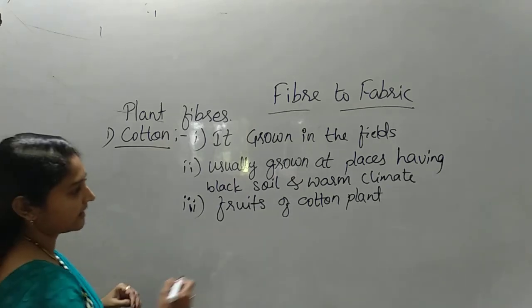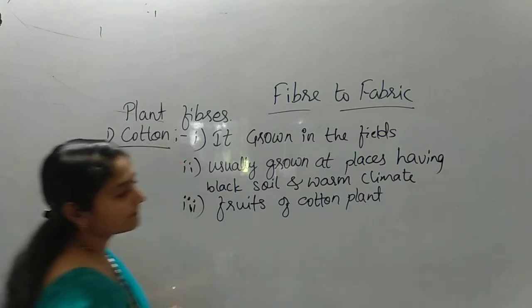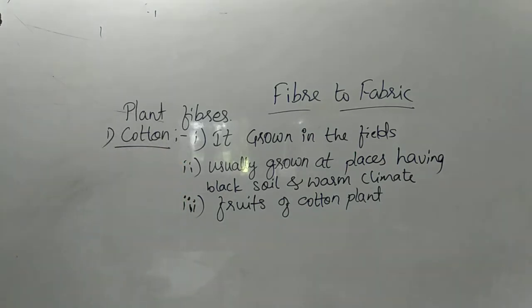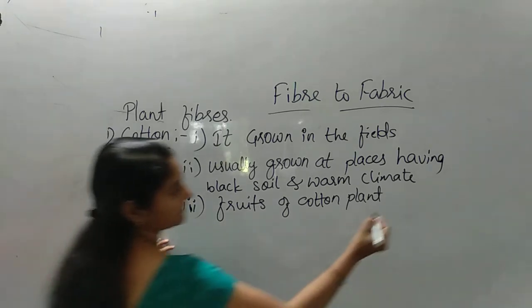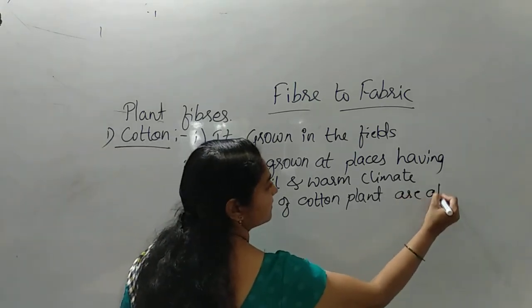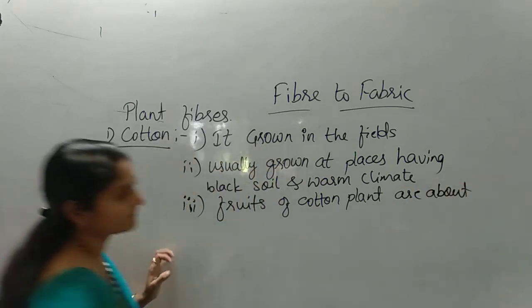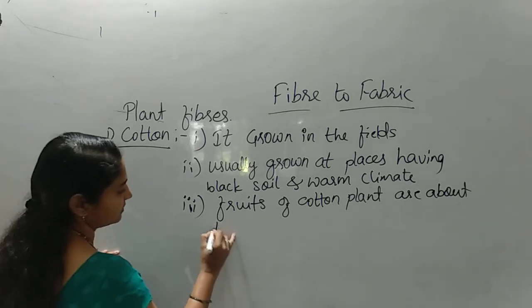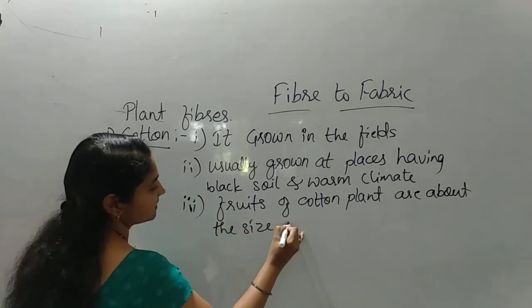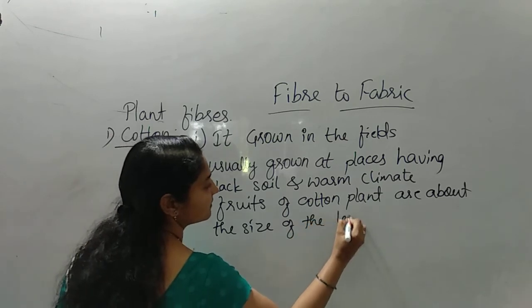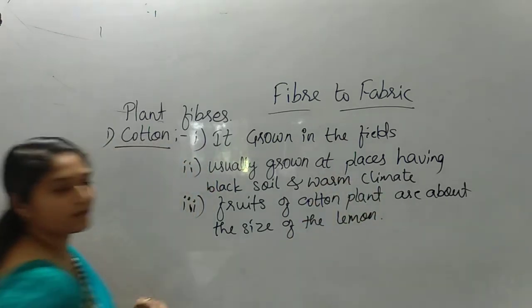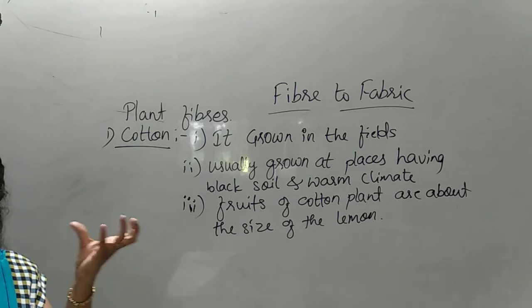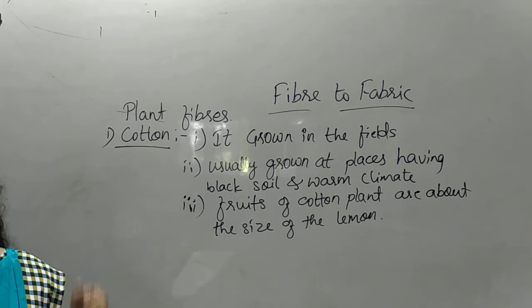You all have seen that. The fruits of the cotton plant are about the size of a lemon, one lemon size. That is one cotton fruit.